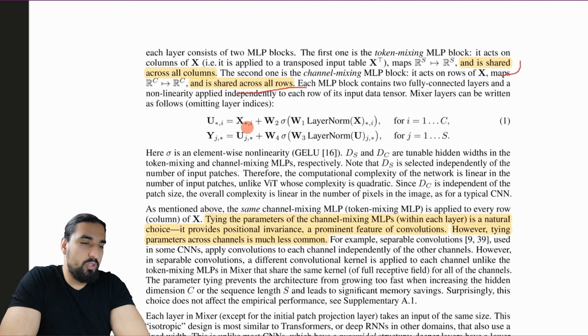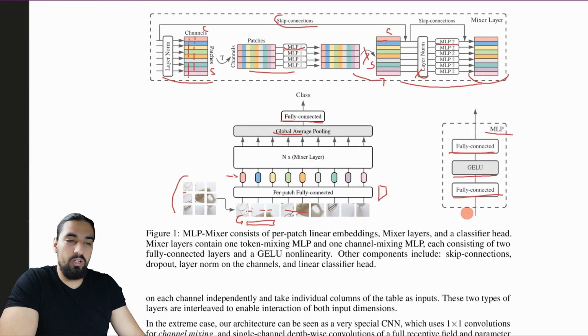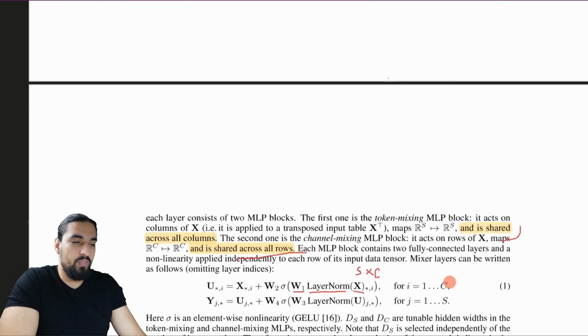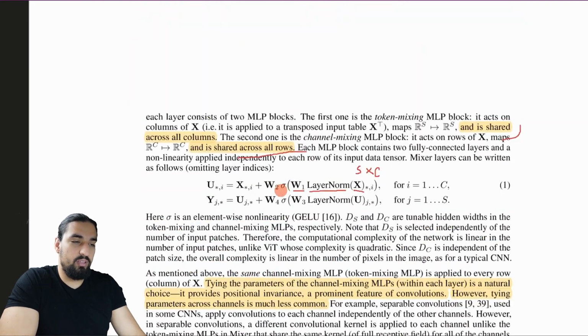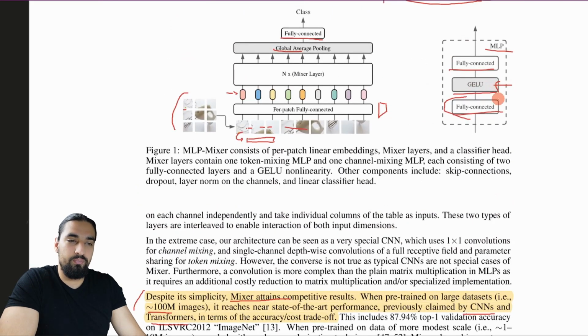And let me just decrypt these equations for you. Basically, we take that input matrix, which has dimensions S times C, if you remember, and they apply normalization, and this weight matrix just represents the first fully connected layer of the MLP. So that's this one here. And then they have a nonlinearity, which is GELU, so that's this one.